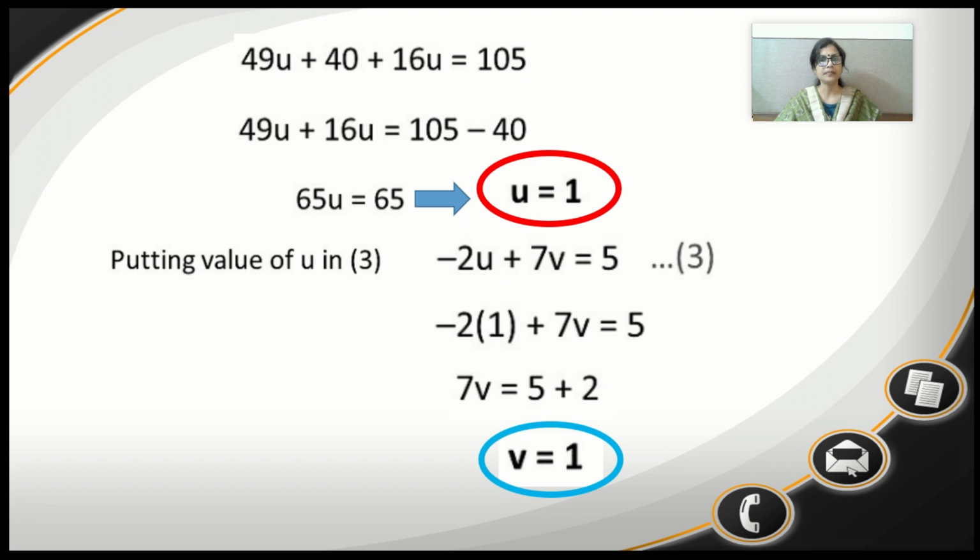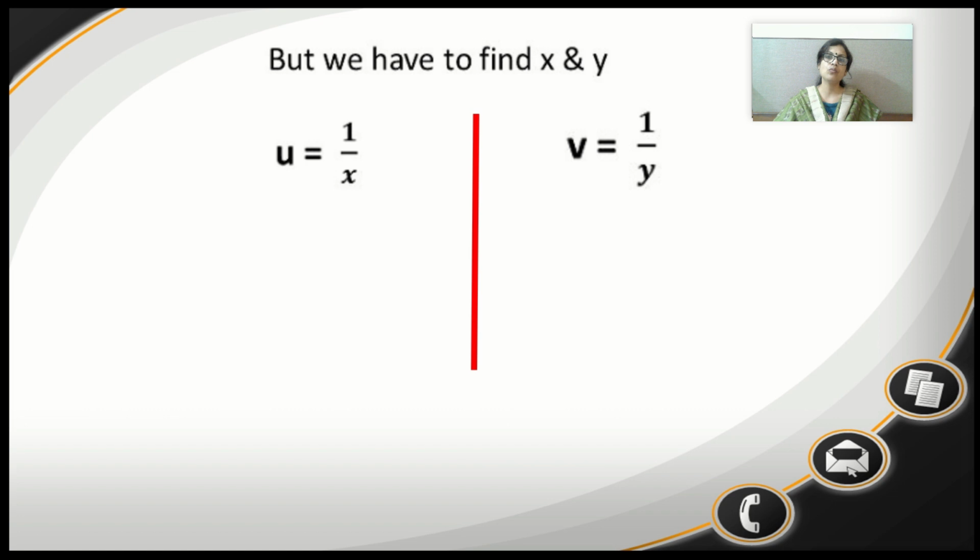But our intention is not to find the value of v and u. What we need? We want the value of x and y. We have substituted u is equal to 1 upon x, but we got the value of u as 1. So 1 is equal to 1 upon x, therefore x is equal to 1 is our first value.